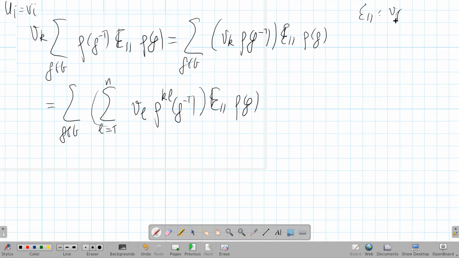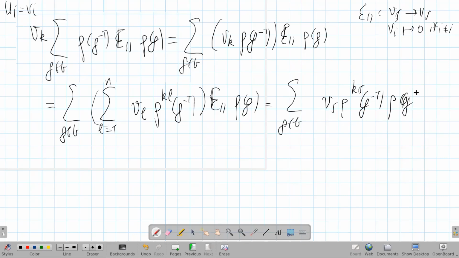So VS goes to VS, and VI goes to 0 if I is different from S. So not much survives when we apply ESS, which is a linear map: only the coefficient with VS survives. This will be the sum for g in G of rho KS G inverse times VS, and then you apply rho G.